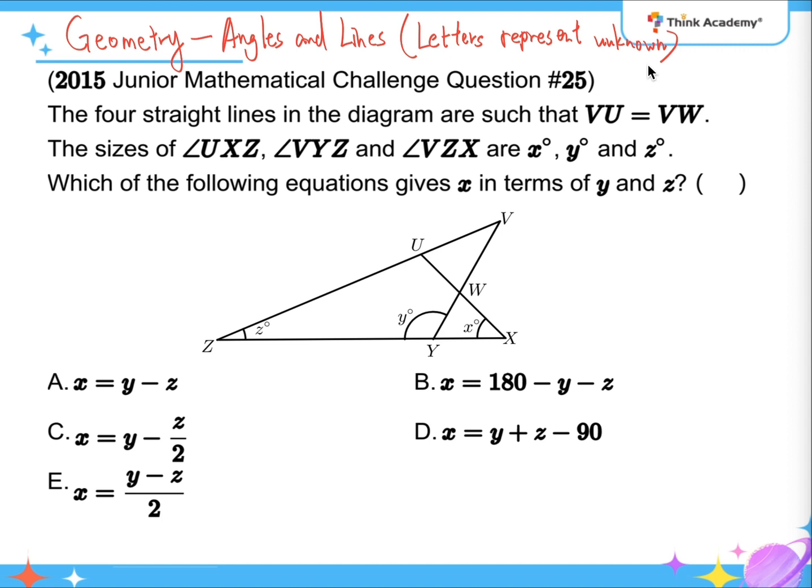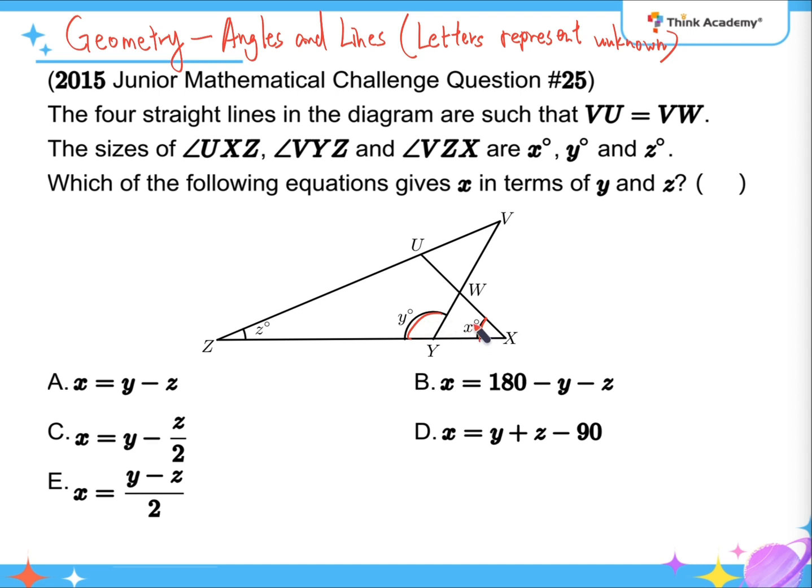Okay. So first of all, we want to find x in terms of y and z. So you can see that x is right there, y is right there, z is right there. Well, z is pretty much far away from y and x, right? But then for y and x, is there any way I can join them together?